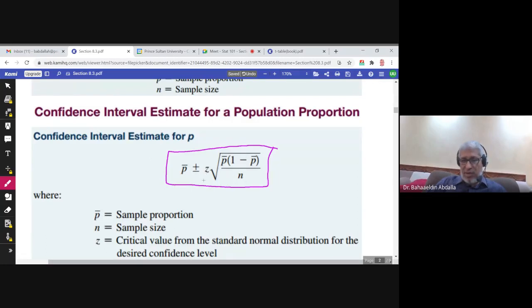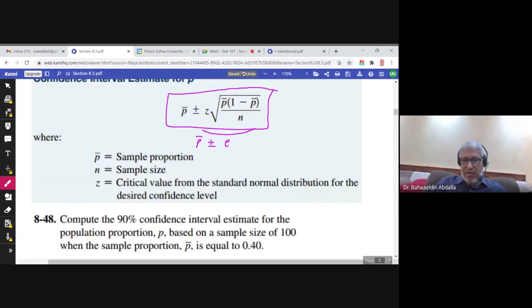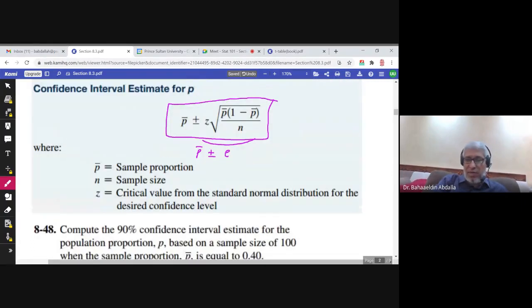And if you multiply the critical value times the standard error, you get E, or the margin of error. So it's P bar plus or minus E, where E is the margin of error. So the critical value will be taken from the Z value, because if NP bar is greater than 5, NQ bar is greater than 5, we can approximate using the normal distribution. That's it. That's the first formula in the section.